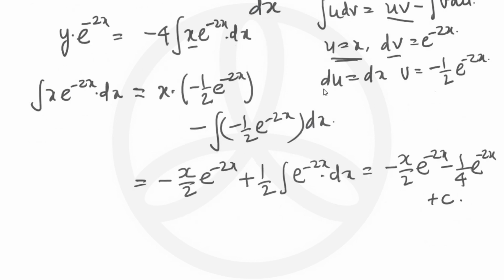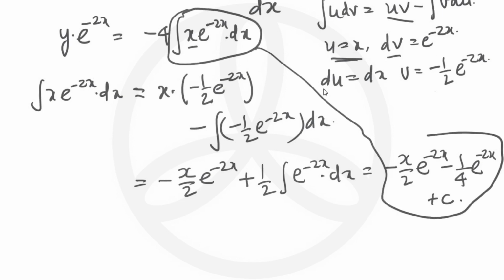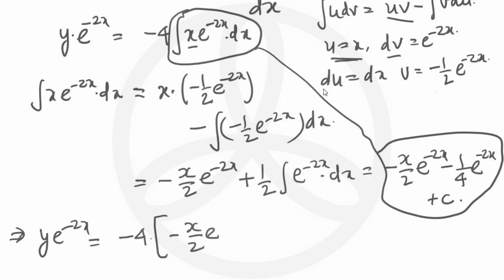Now what we have got is only this portion, which is the integration of this one. So we need to replace it here. This needs to be replaced there. y e to the power minus 2x multiplied by minus 4, and then minus x by 2 e to the power minus 2x minus 1/4 e to the power minus 2x plus c.